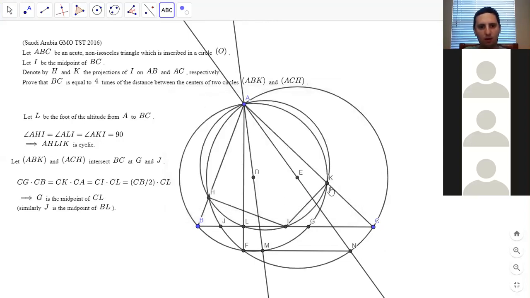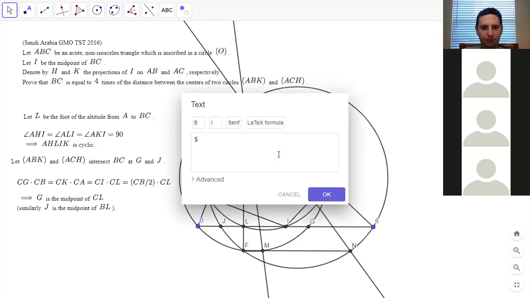And then we can show easily that L has the same power with respect to both circles, because then we have LJ times LC is equal to BL over 2 times 2 GL, which is equal to BL times GL.